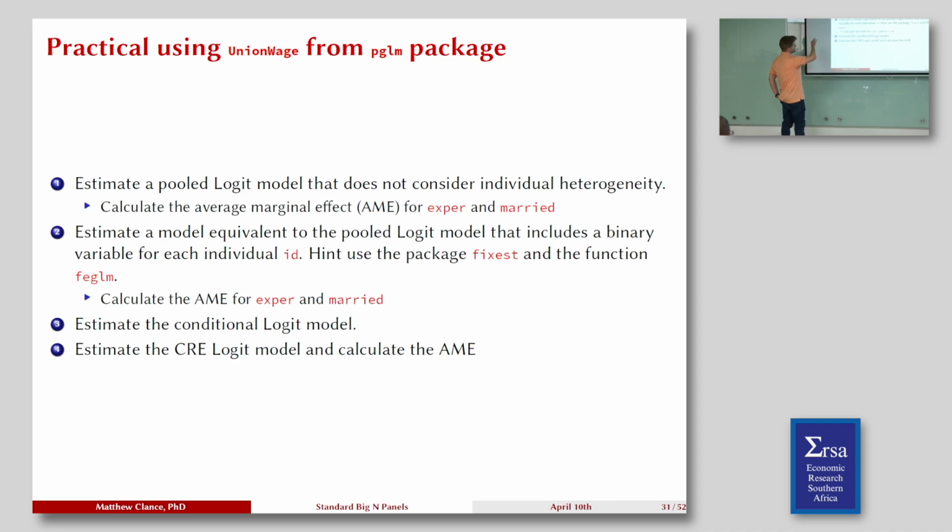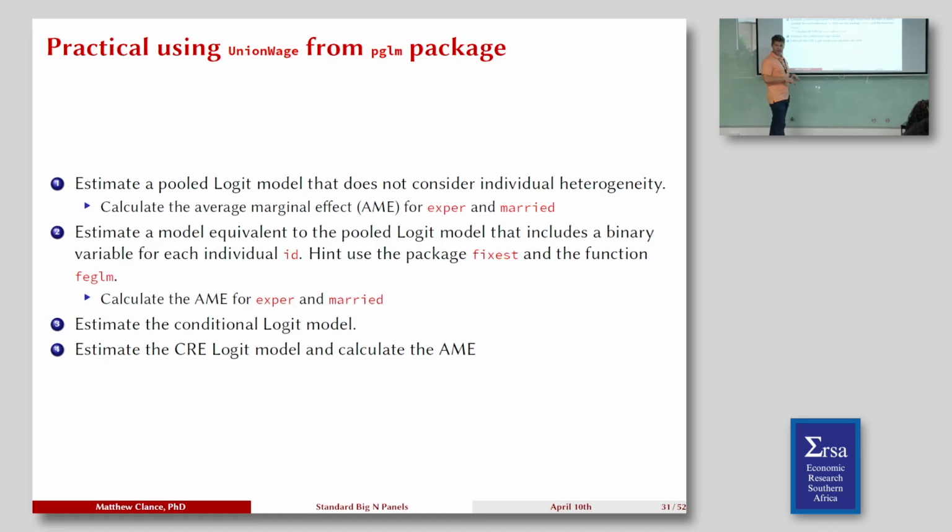Then we could estimate a model equivalent to a pooled Logit that includes the binary variable for each ID. This is what I mean by a dummy variable. Basically, I use the factor on the ID so that it includes all the specific dummy variables. And in that case, you could do the method we did before.